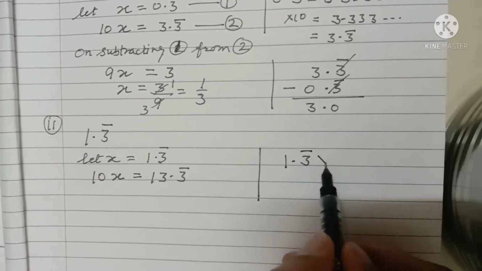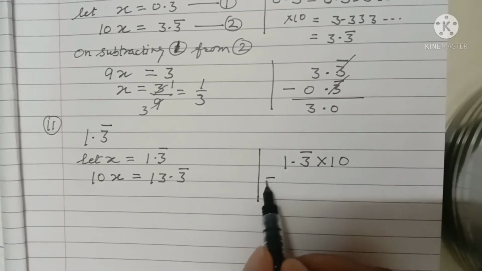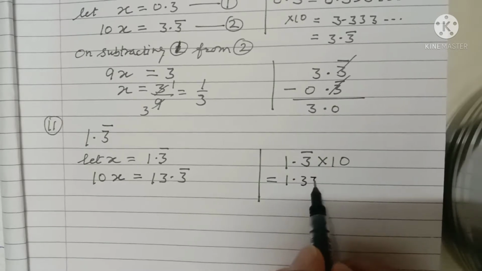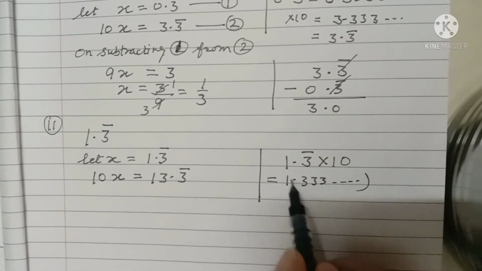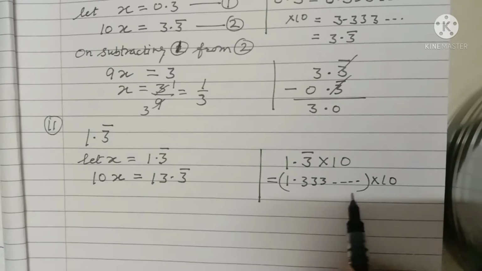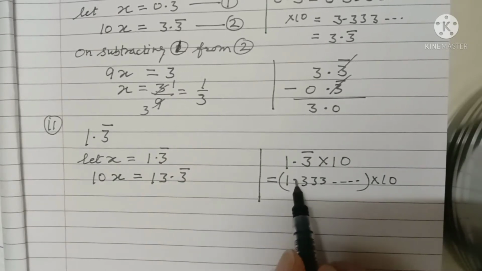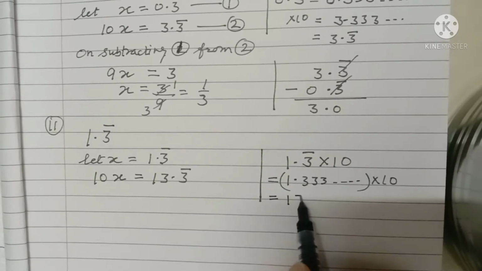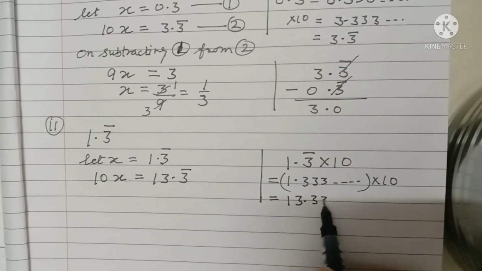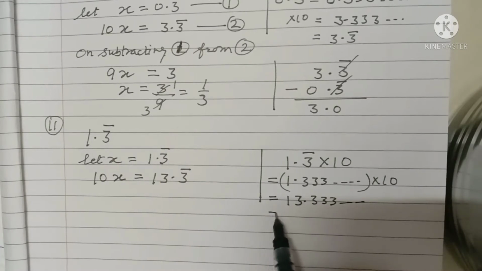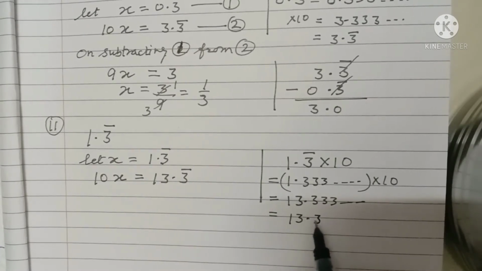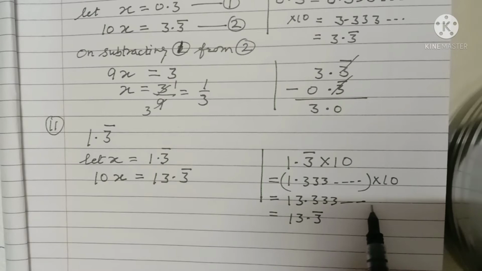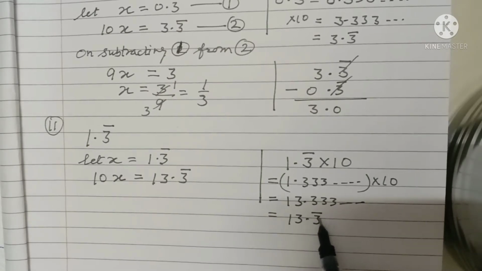1.3 bar multiplied by 10 becomes 1.333 and multiplied by 10, the decimal will come to the right side of one digit. So this becomes 13.333 and you can write it as 13.3 bar, because 3 continues, so you put the bar on 3.